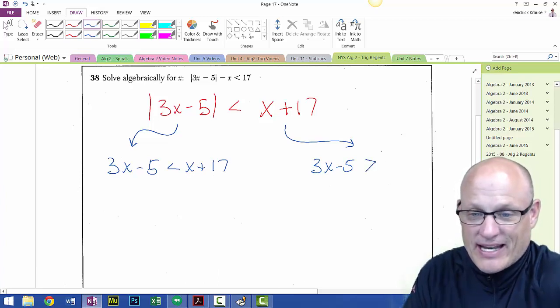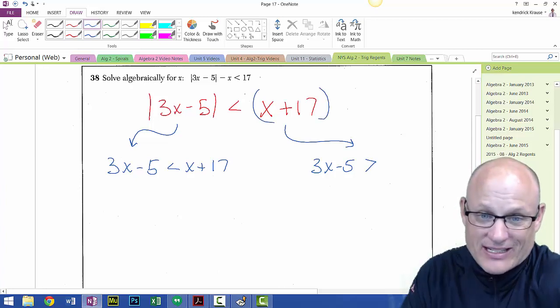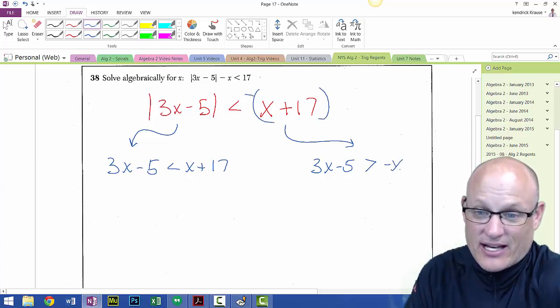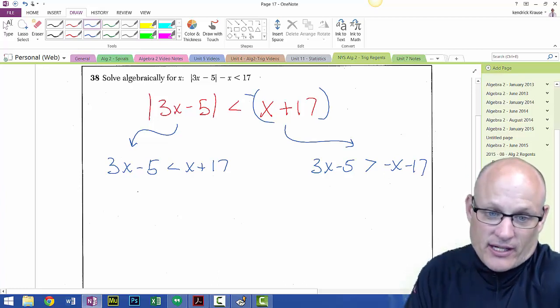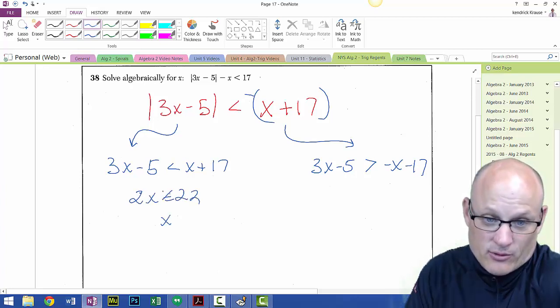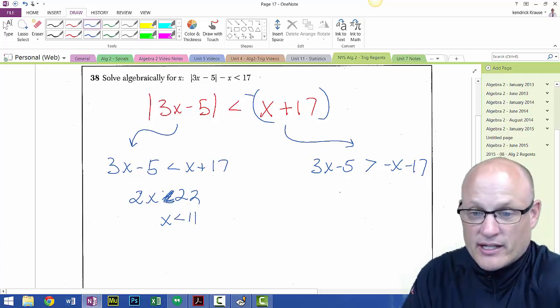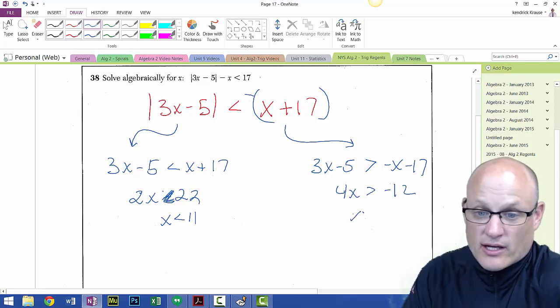Greater than, and we're going to negate this whole side, so it's negative x minus 17. If I solve the first one, I get 2x less than 22, or x is less than 11. If I solve this one, I get 4x is greater than -12, or x is greater than -3.